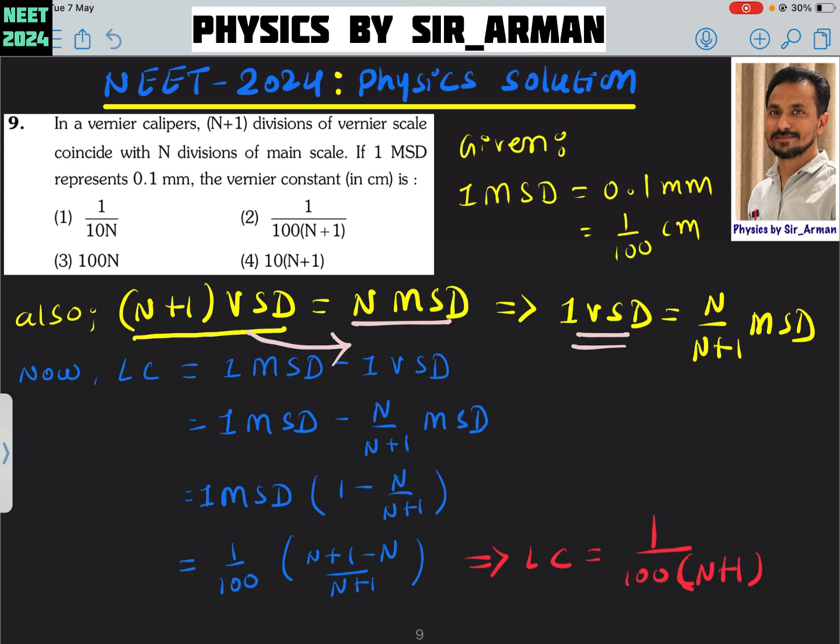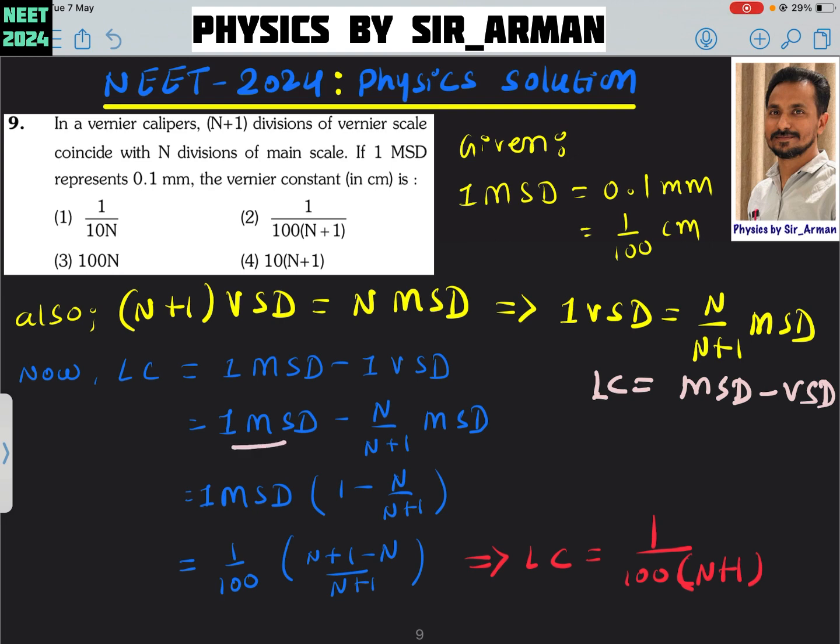Now to find the least count, see here it is given as vernier constant. So vernier constant means least count. To find the least count, what is the equation? Least count is equal to 1 main scale division minus 1 vernier scale division.